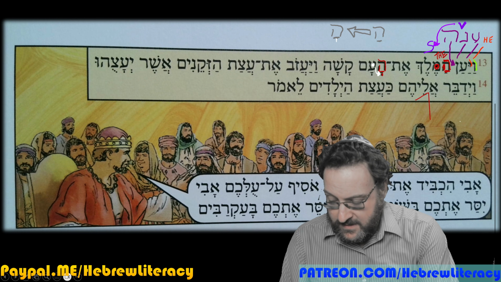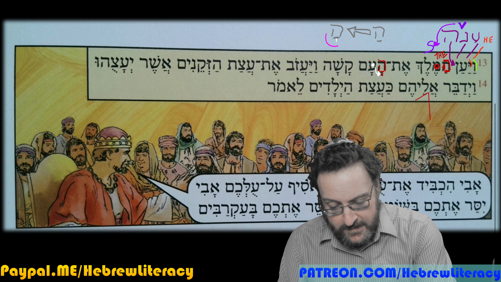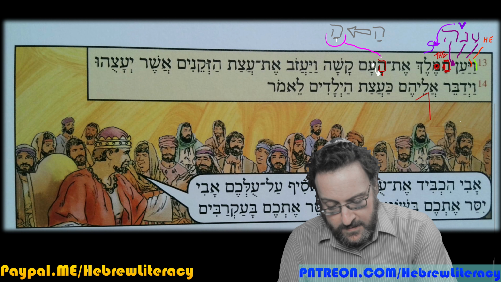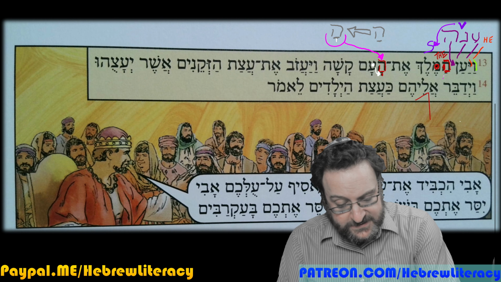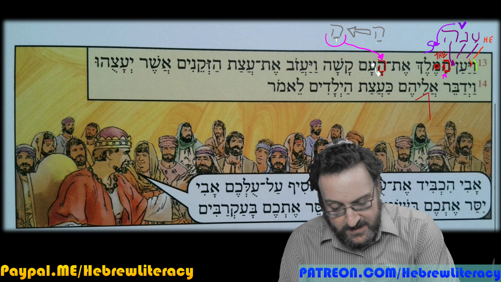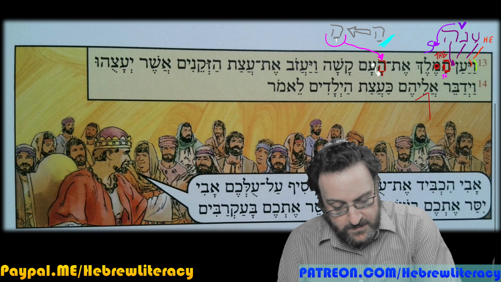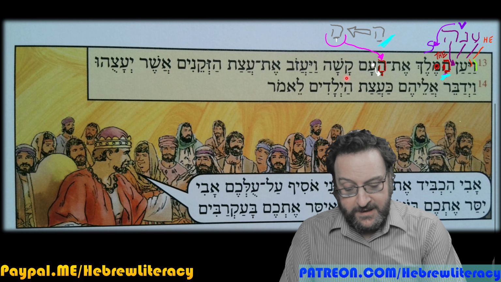That's what's happening over here. That's why it's pointed that way. Versus over here, we just have the ah. We have this one, the hey with the patach. Right, it's just a straight line. Okay. Continuing.